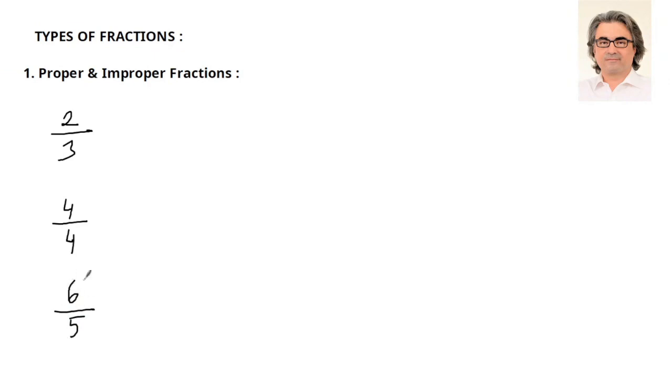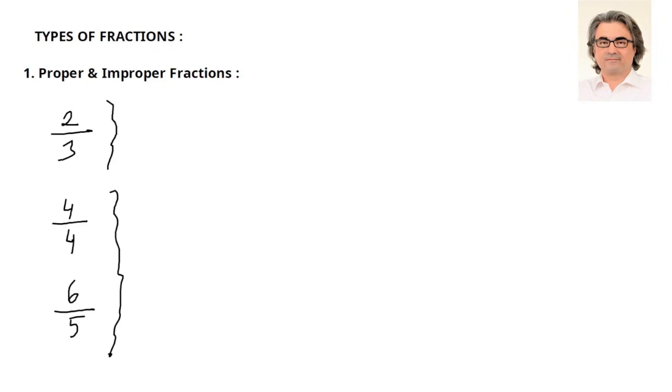Now, the numerator is greater than the denominator here. So the first one is a sample only for a proper fraction, and these two fractions are samples of improper fractions. I think you understand the definition of proper and improper fractions.